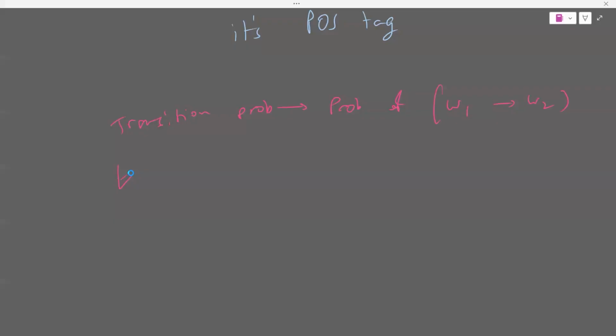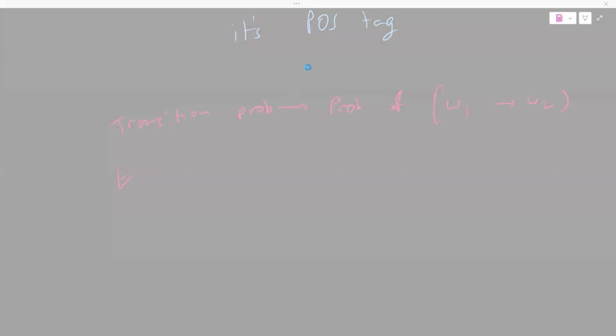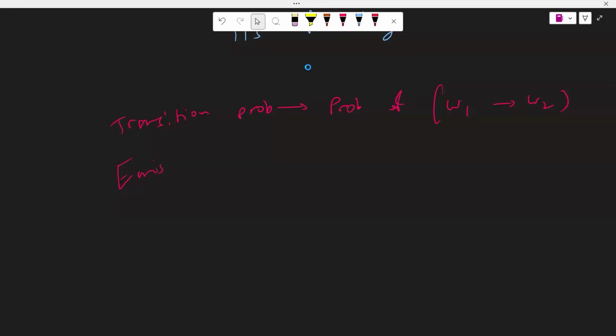For emission probability, you will see the probability of the POS tag of W1 to W2.